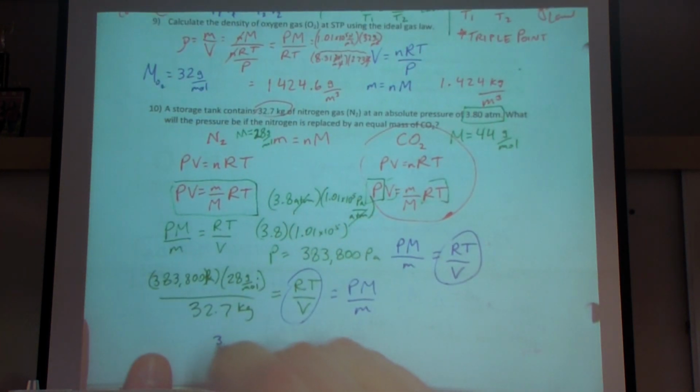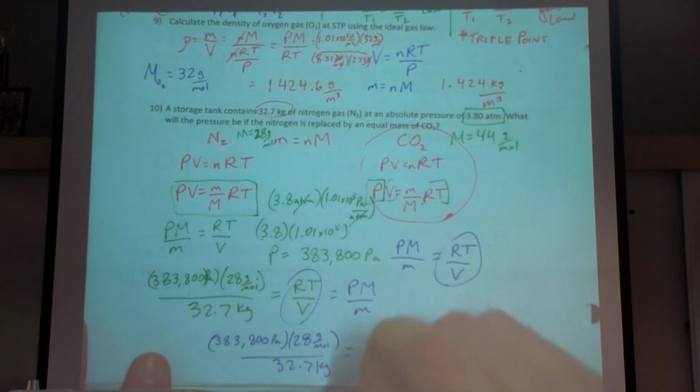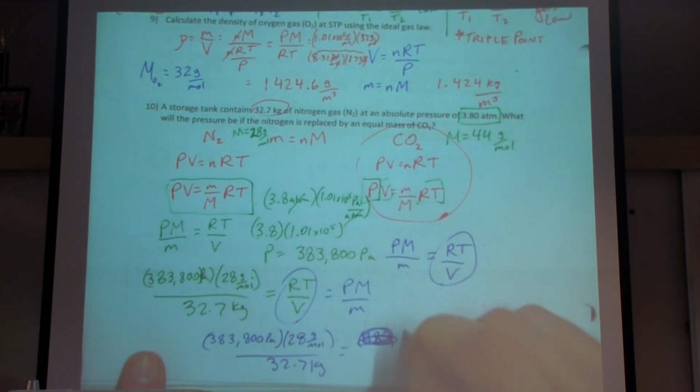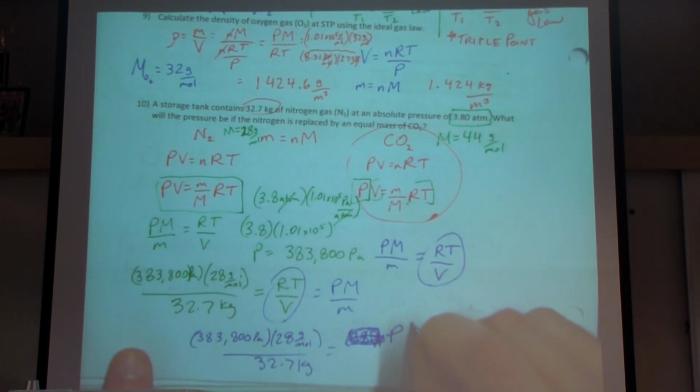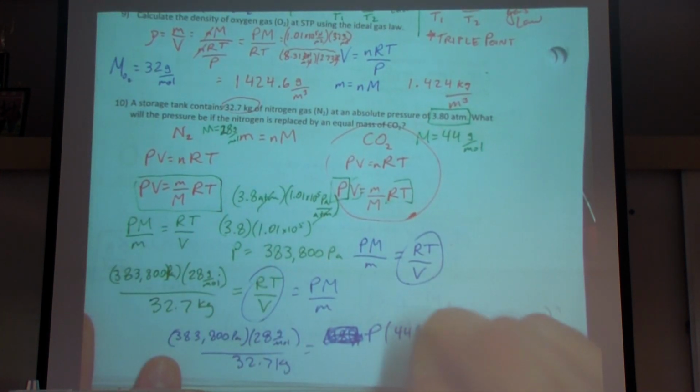So on this side we have 383,800 pascals times 28 grams per mole over 32.7 kilograms equals, oh, just kidding, P, that's the new P we're looking for, times the molar mass of CO2, which is 44 grams per mole.